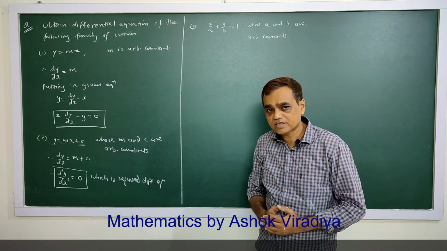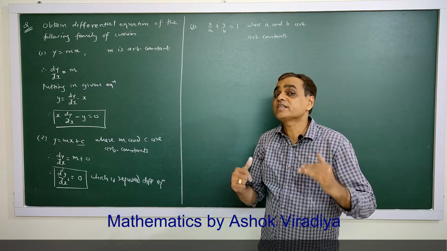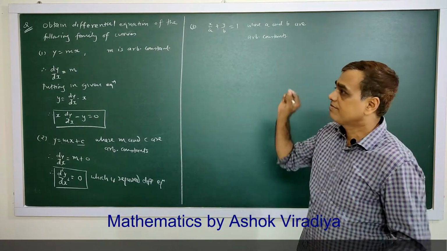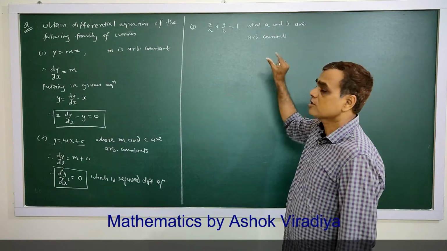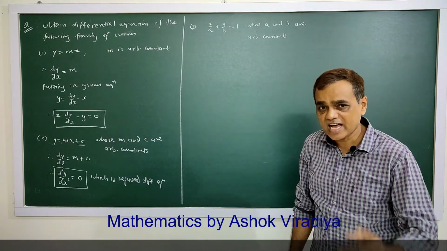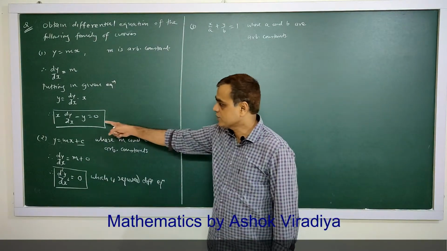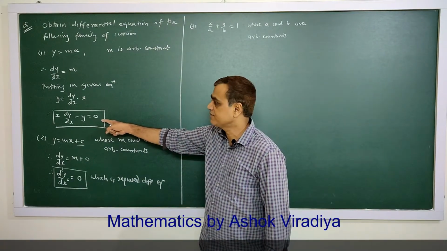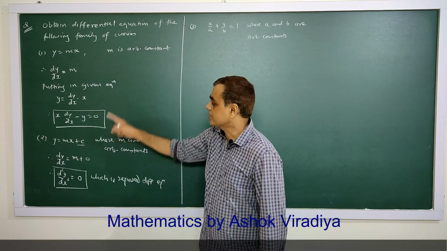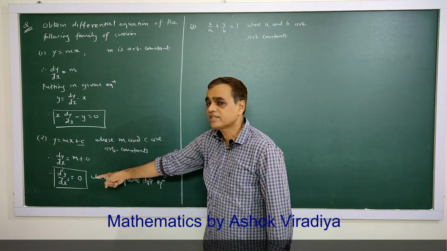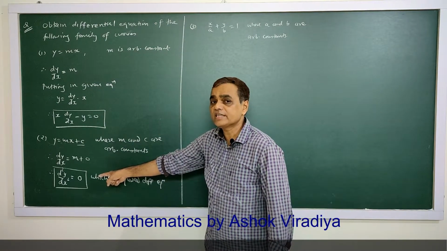The second step is that the differential equation must be free from arbitrary constants. That is elimination of a and b. The final equation must be free from arbitrary constants.